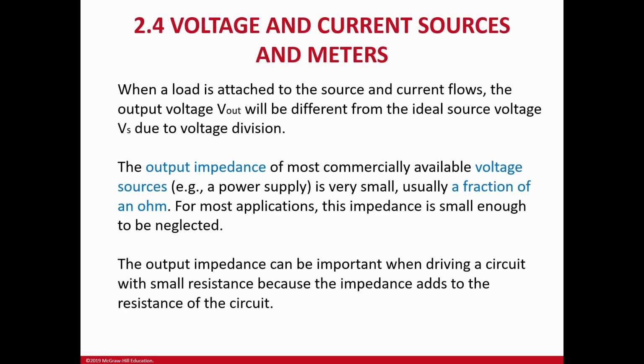But the key thing is we all talk about ideal, but when you design your circuit on the board, it's not ideal. So there will be a little difference between the VS and the actual output voltage you get. We will show you in the following example.